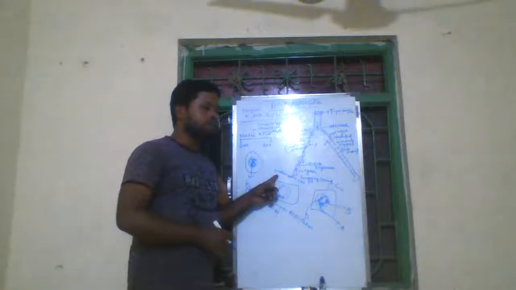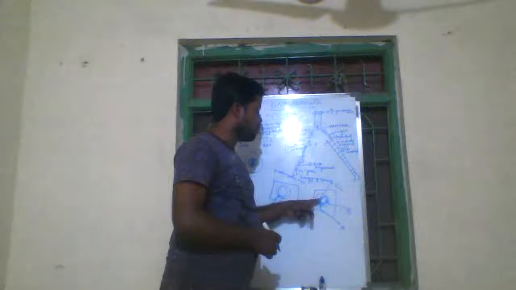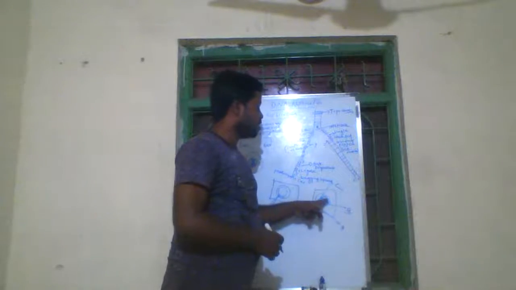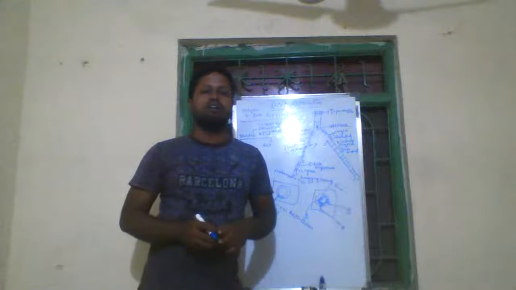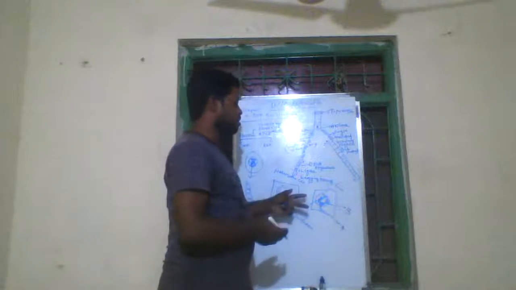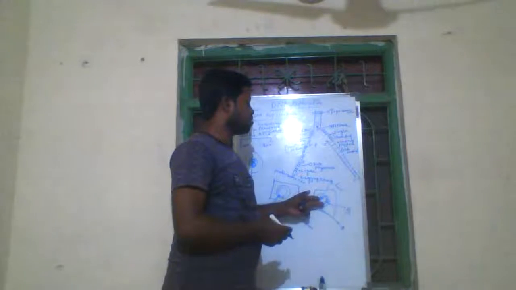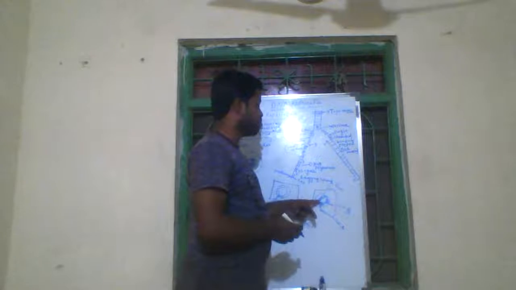But in a eukaryote, it starts at several points, suppose A, B, C, D, many points where DNA replication is going to continue. And that's why in eukaryotes DNA replication starts at several points.